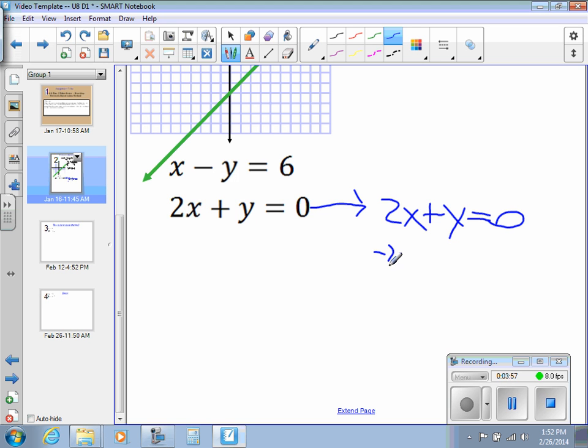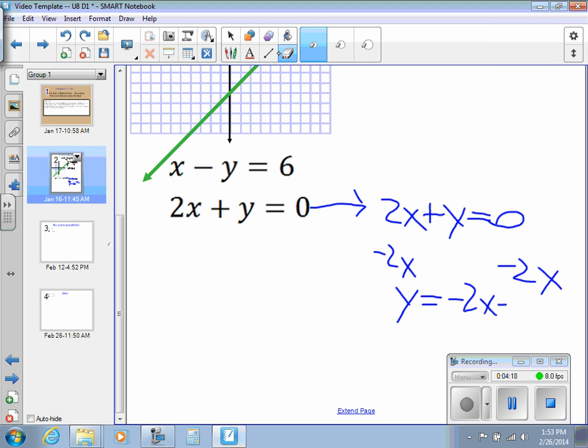I will subtract 2x from both sides of the equation in order to get the y by itself. And when I do that, I will get y equals negative 2x. And that's plus 0. I don't need to write the plus 0. So I'll just leave it as y equals negative 2x.